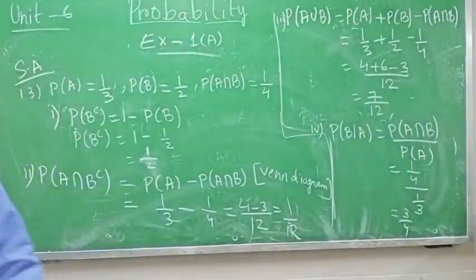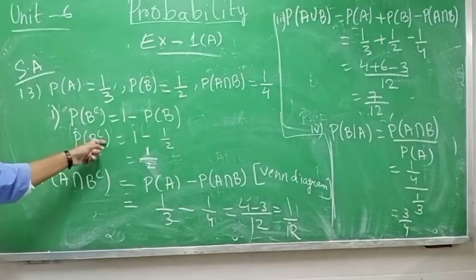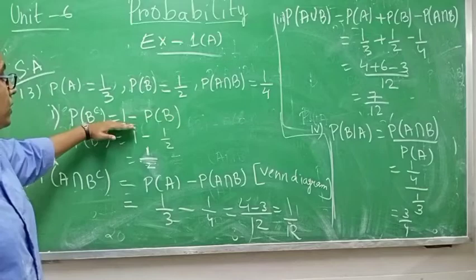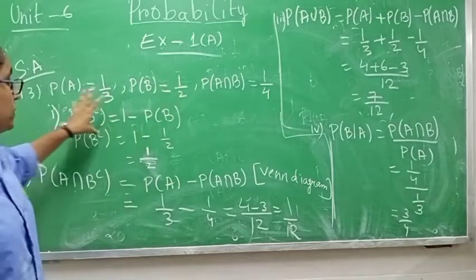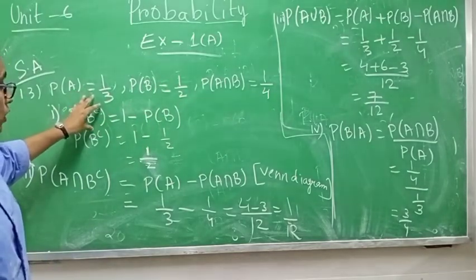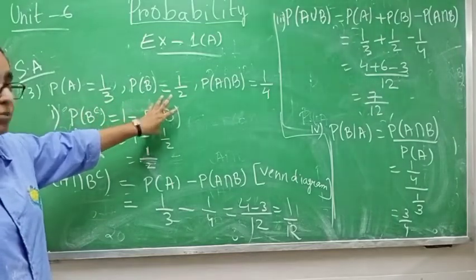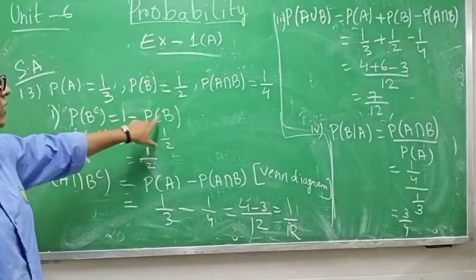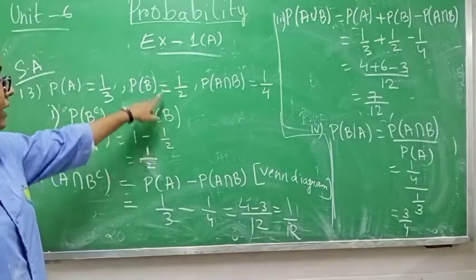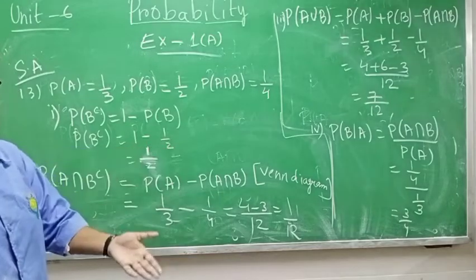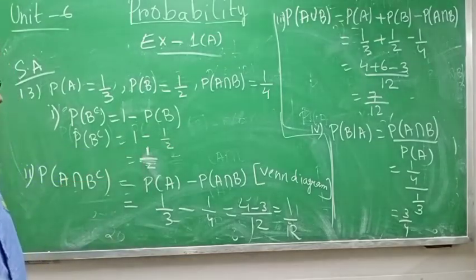If it is P(B complement), you can write 1 minus P(B), because the probability of not occurrence of B is equal to 1 minus the probability of occurrence of B. So 1 minus P(B) value is half. When you take the LCM, 1 minus half you will get half only.